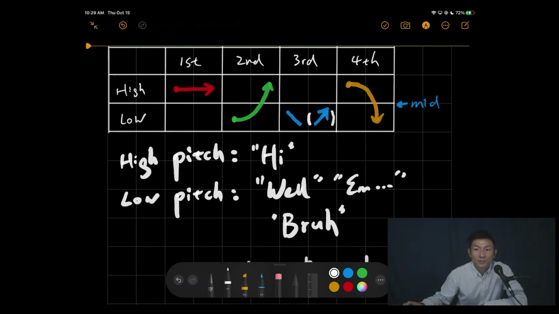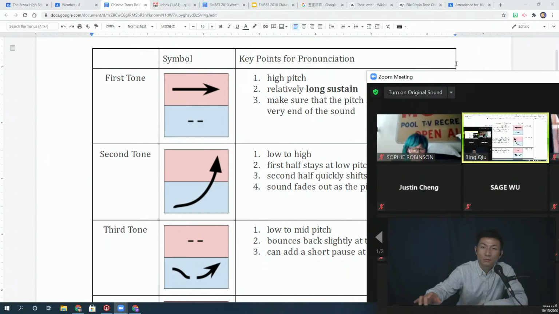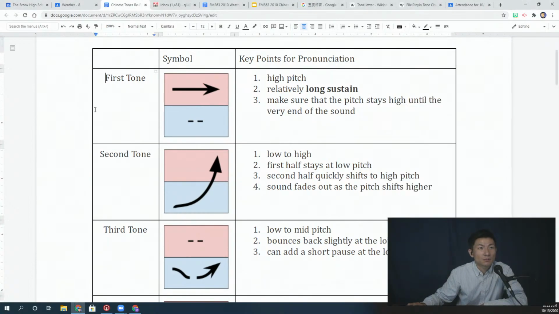So when you are reading for the homework, let's maybe jump to this one. This is the assignment. Okay, so going back to the notes here, first tone is going to be high pitch, relatively long sustain, make it sound a little bit longer, and make sure the pitch stays high and doesn't fall off.